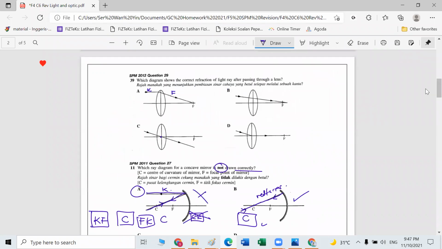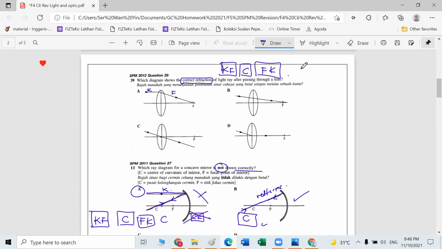Right, so now next, which one is the correct refraction? Let's check K, F, C and F, K. Three light rays. K, F looks correct. C, okay. F, nothing. This one, C. When it passes through C, it must go straight. So this one is wrong.